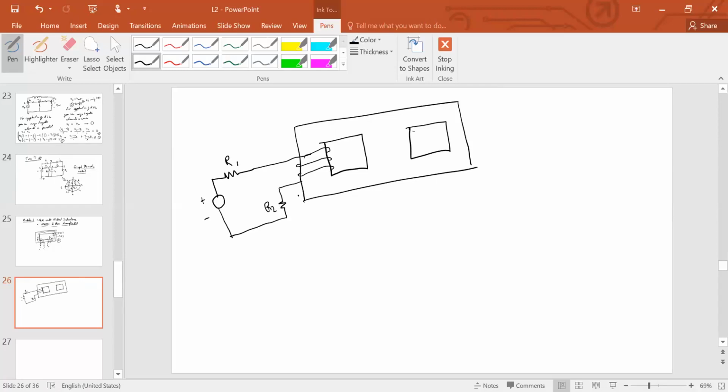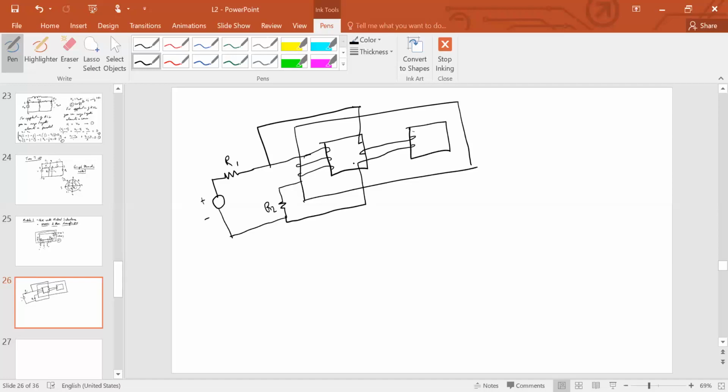That is one. The second coil we shall send here, comes down over here, goes in this direction, and it comes and closes the circuit over here.